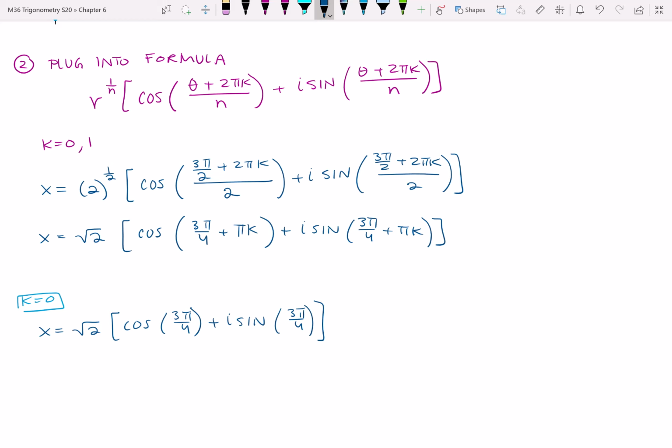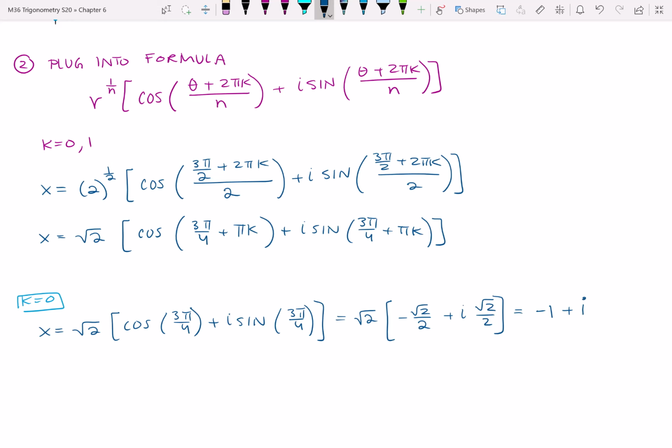So this is going to equal the square root of 2 times, cosine of 3 pi over 4 is the negative square root of 2 over 2, plus I sine of 3 pi over 4, which gives us square root of 2 over 2. And so if we distribute that square root of 2 to both of these, we get negative 1 plus 1 times I. So it's going to be negative 1 plus I.